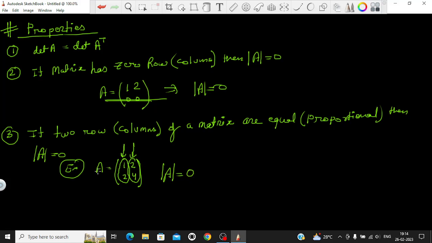Or you see, if you multiply this row by 2, then you will get this row, so these two rows are also proportional to each other. If any rows or columns of a matrix are proportional or equal, then the determinant of that matrix is 0. This is the third property.